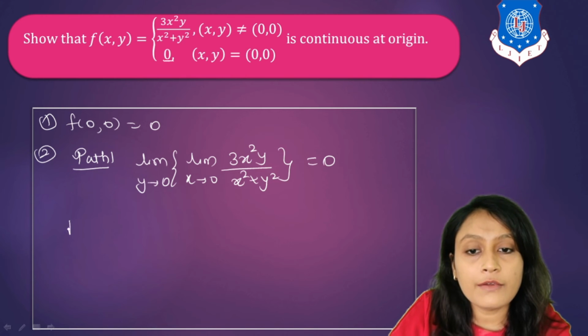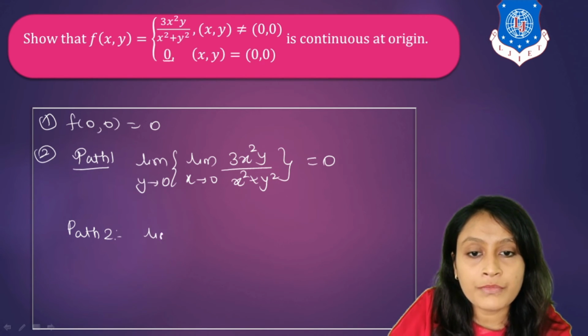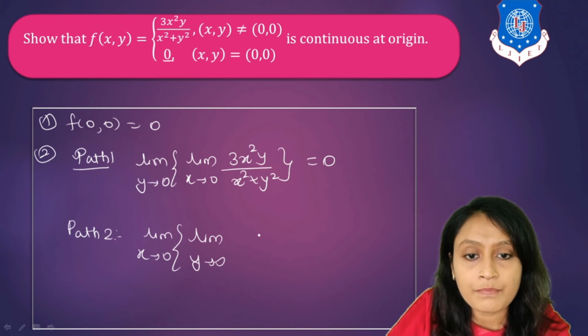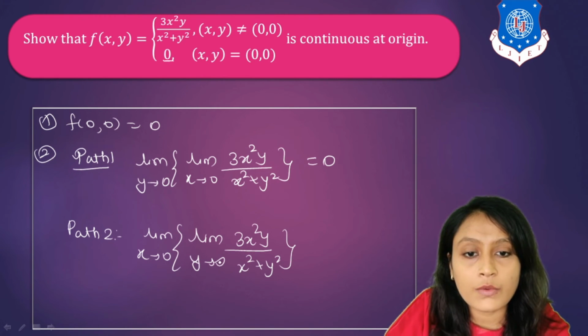Okay, now we have to apply path 2. So for that, firstly we will apply the limit of y and then the limit of x. The function is 3x square y upon x square plus y square, right? Now in place of y substitute 0, so the numerator is 0, therefore this whole term is 0, correct?